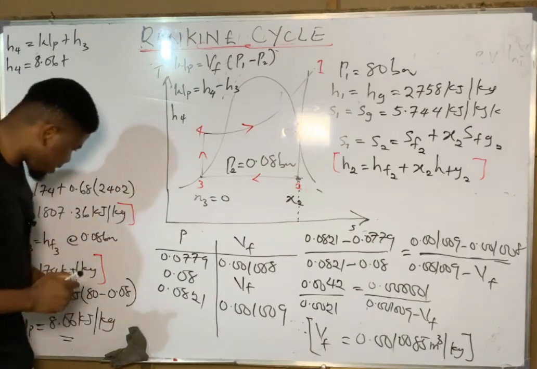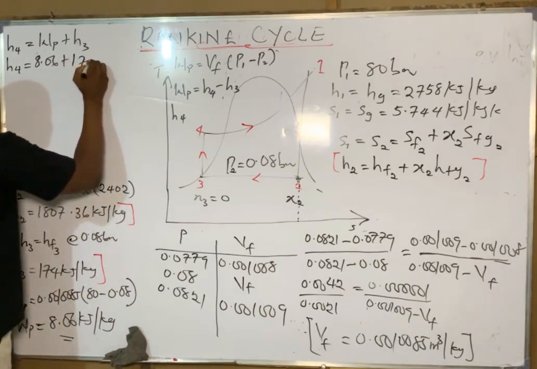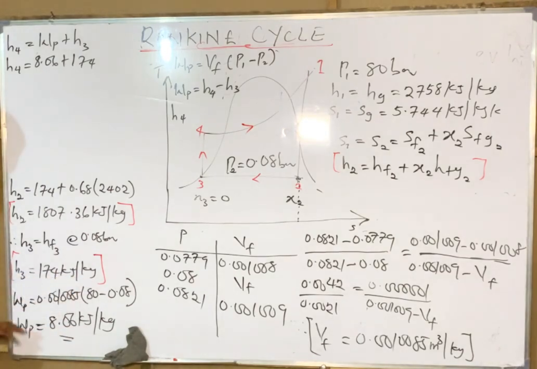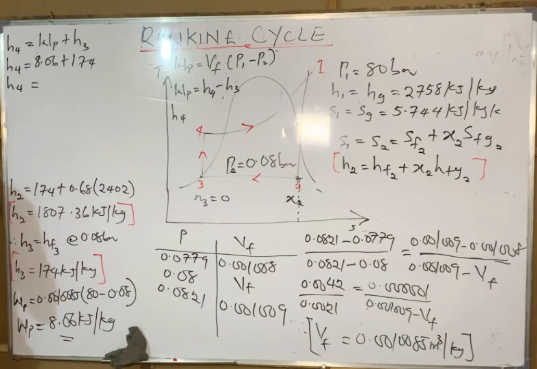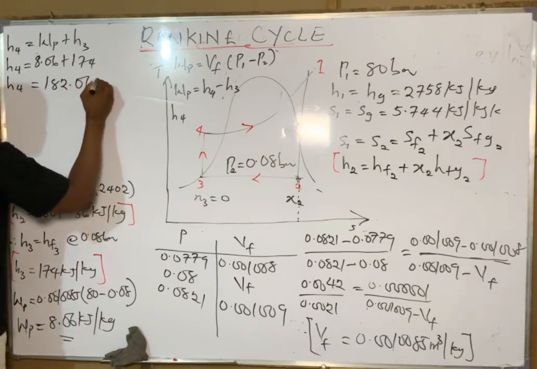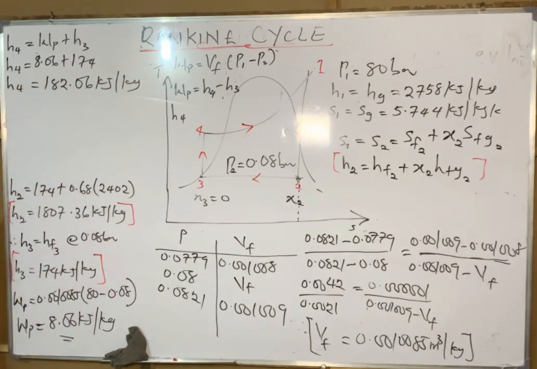We found the value of H3 earlier here as 174. So plus 174. We converted this to kilojoules per kilogram simply because the enthalpy is also expressed in kilojoules per kilogram, so we simply multiplied by 1000 to convert to kilojoules. Okay, so from here you find H4 equal to 8.06 plus 174. That gives us 182.06 kilojoules per kilogram.